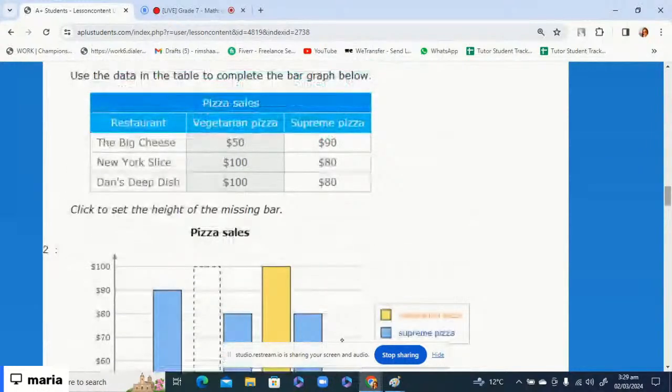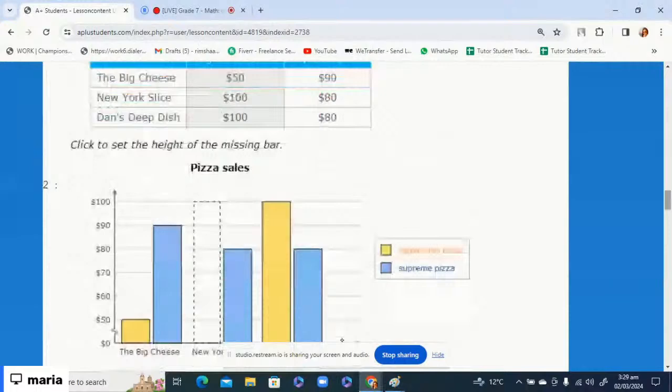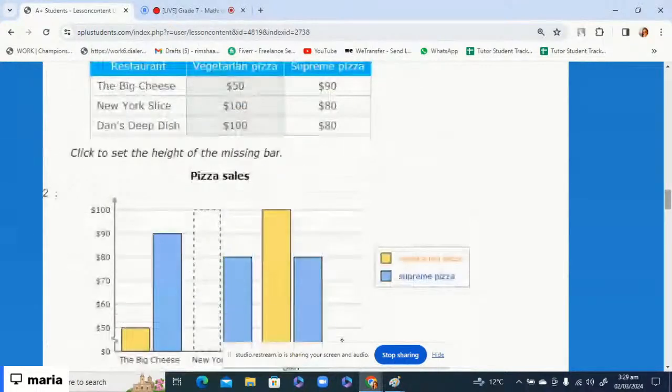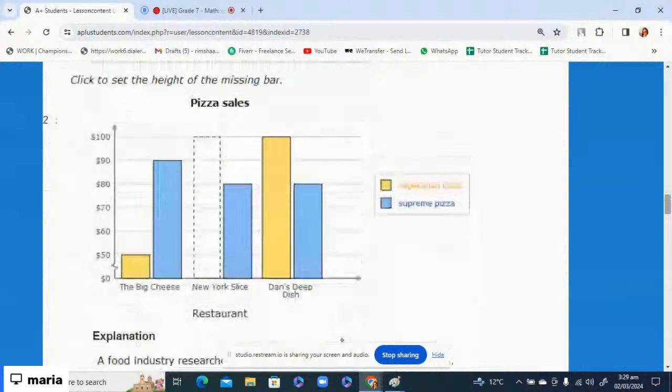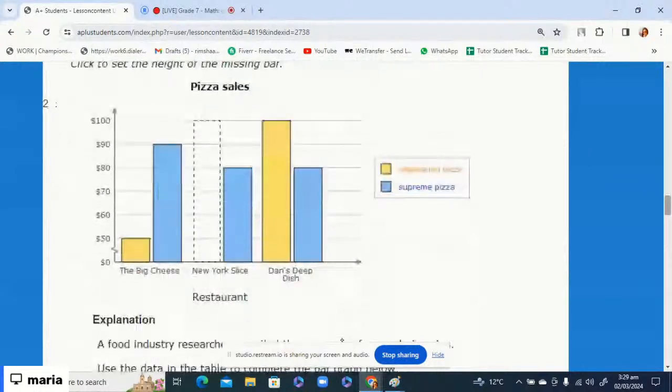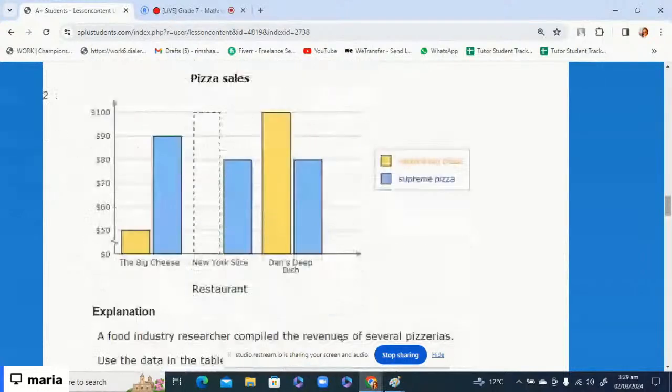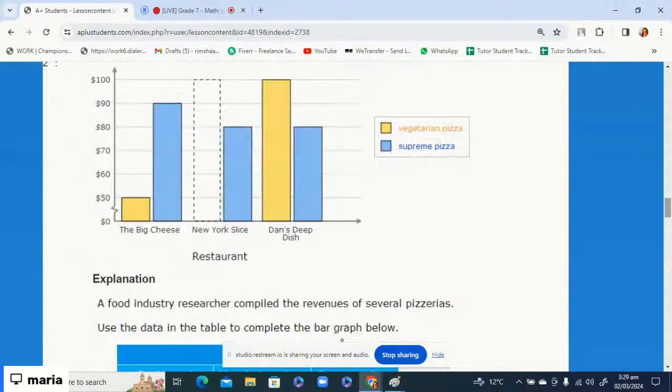And now the supreme pizza for the first one, Big Cheese, is 90. This is also right. Now for the second one, New York Slice is 100 for vegetarian and 80 for supreme. So we are going to put New York Slice 100 for vegetarian. It's fully complete. In this way we are going to write all of it.